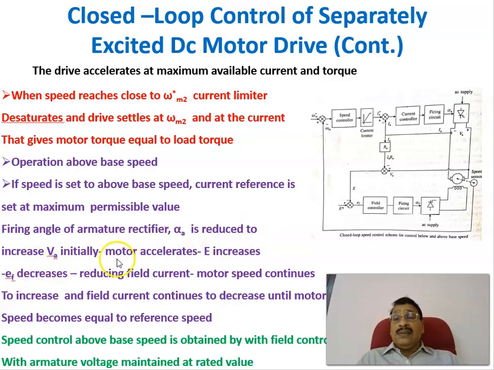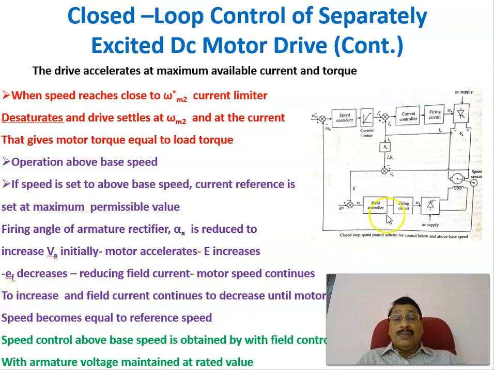That increases VA initially, the motor accelerates, and E, the back EMF, increases. Once the back EMF increases, the error also increases.